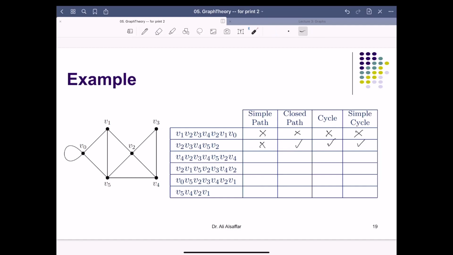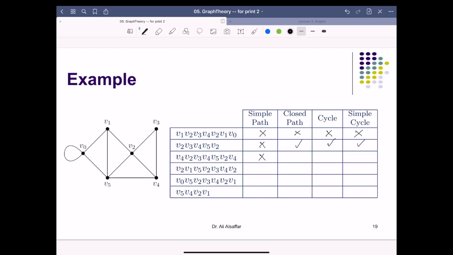Now for the third one, we start with V4, and go V4, V2, V3, V4, V5, V2, and then again V4. So we have repeated vertices, so it's not a simple path. See, this is 1, this is 2, so these are repeated.